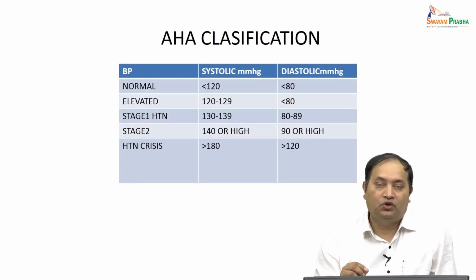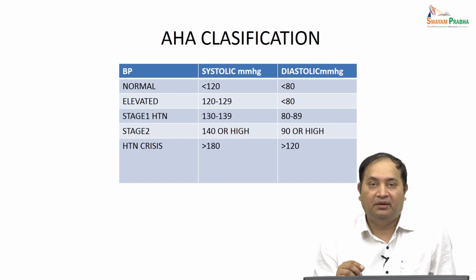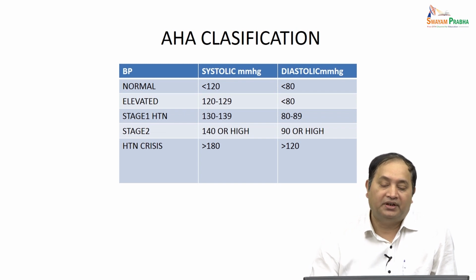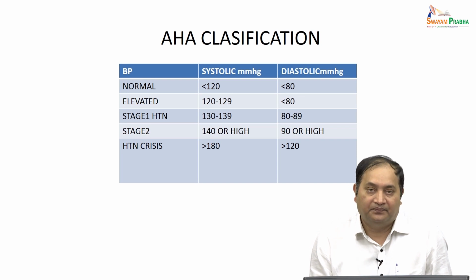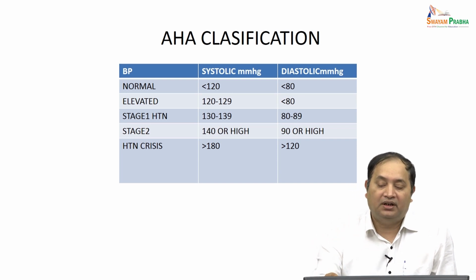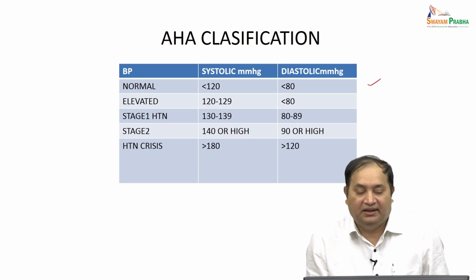Now, again we go into detail about the American Heart Association classification. Look at the blood pressure. You consider it normal if the systolic blood pressure is less than 120 and the diastolic blood pressure is less than 80 millimeter mercury.